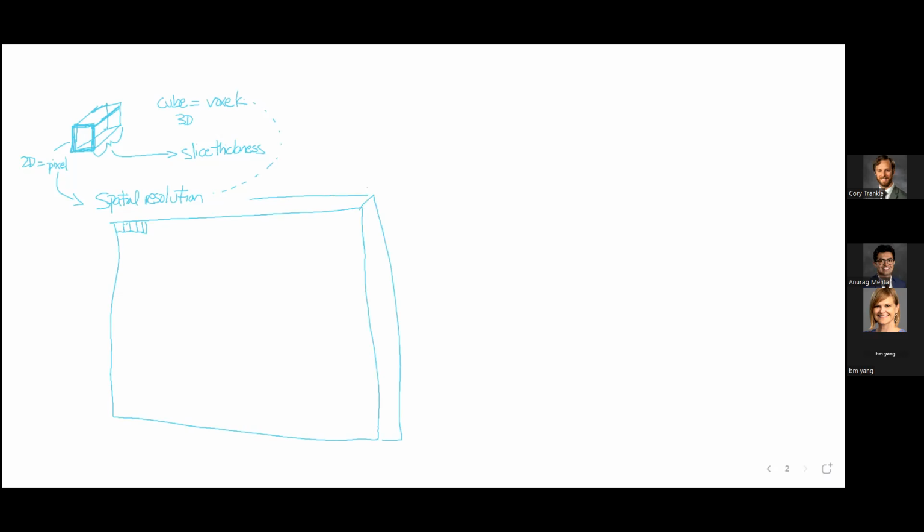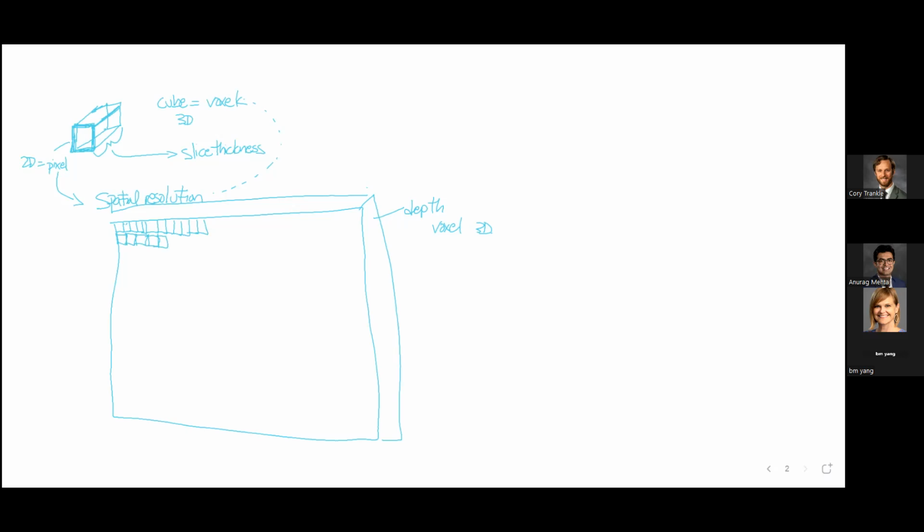Here's your voxel piece, which is your depth. So that will figure in. But you've also got the pixel piece, right? And you've got gazillions of these all set up in rows, just like on your television set.